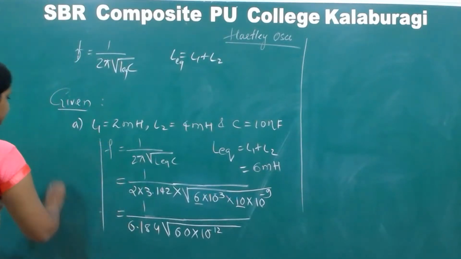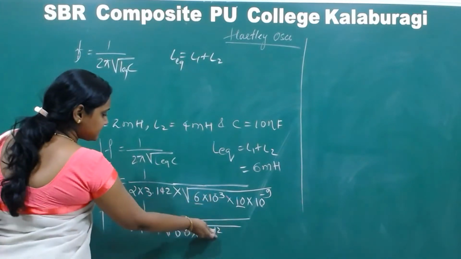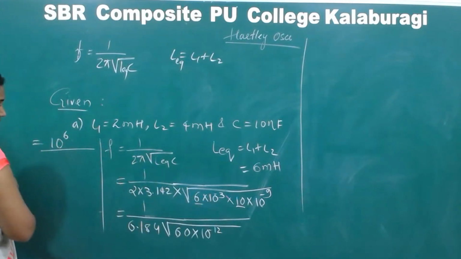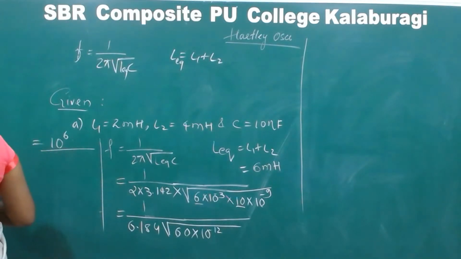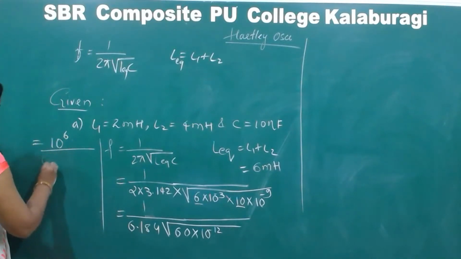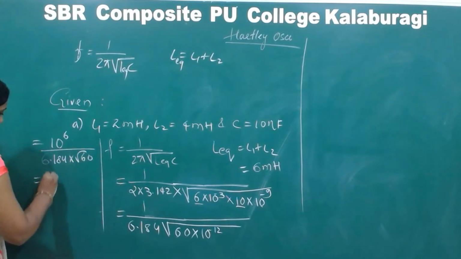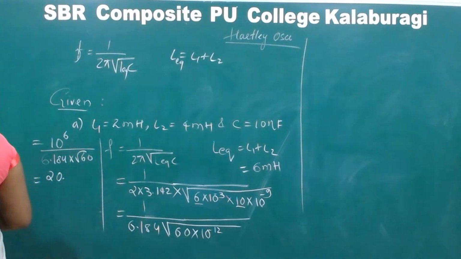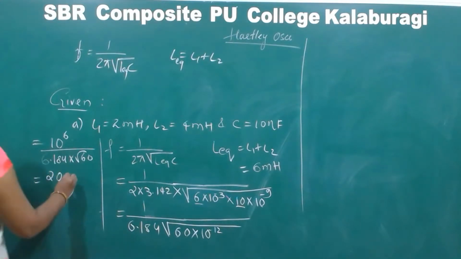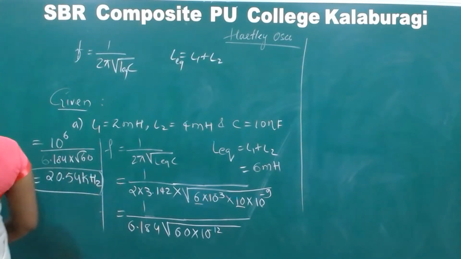That is going to give you 10 to the power of 6. Coming outside it becomes minus 6, and in the numerator it is going to become this. So here we are going to get the value as 6.284 into root 60, 20.54 kilohertz.